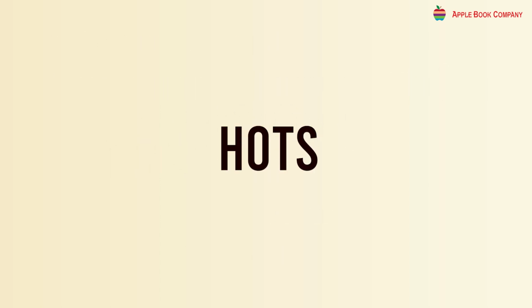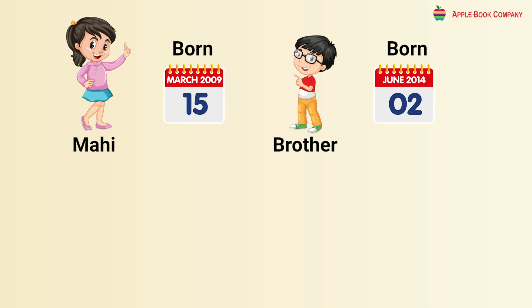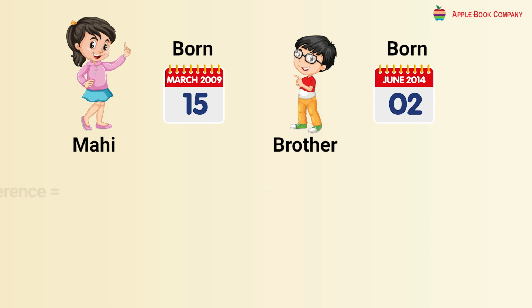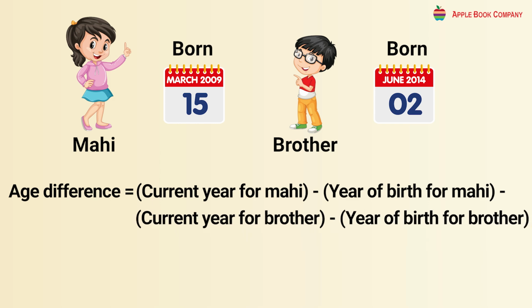HOTS. Mahi was born on 15th March 2009 and her brother was born on 2nd June 2014. Who is elder and by how much? Age difference is equal to current year for Mahi minus year of birth for Mahi minus current year for brother minus year of birth for brother.